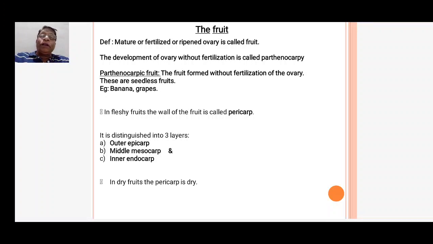The development of ovary without fertilization is called parthenocarpy. Don't mistake parthenocarpy for parthenogenesis. Parthenocarpy means the development of ovary without fertilization.